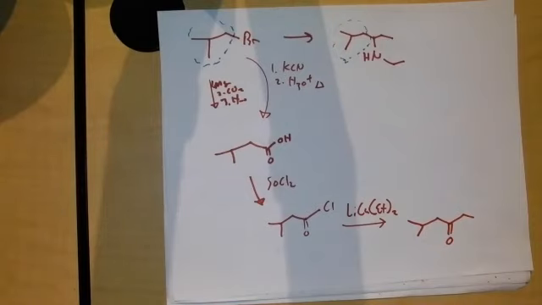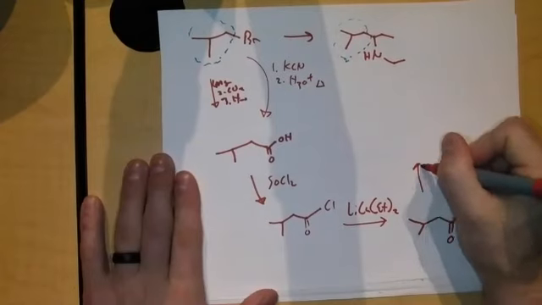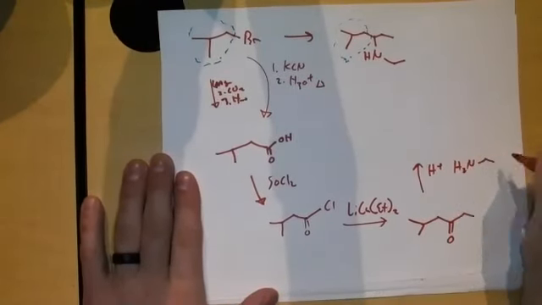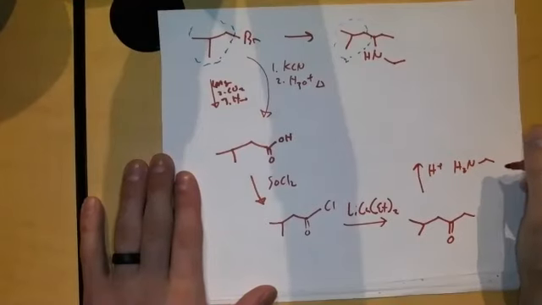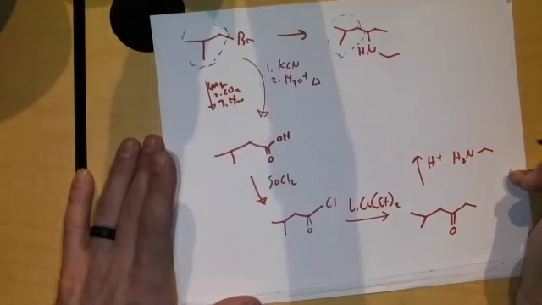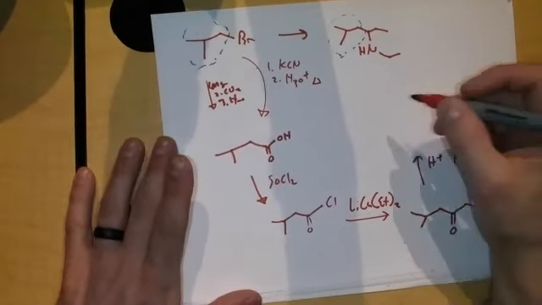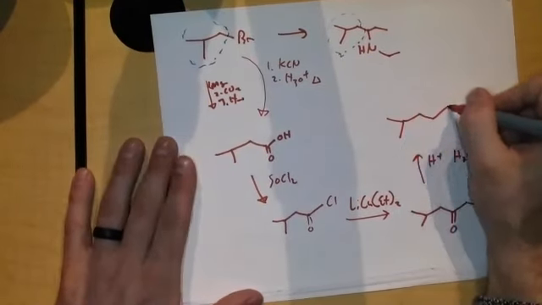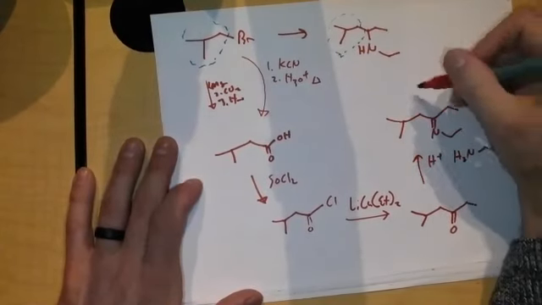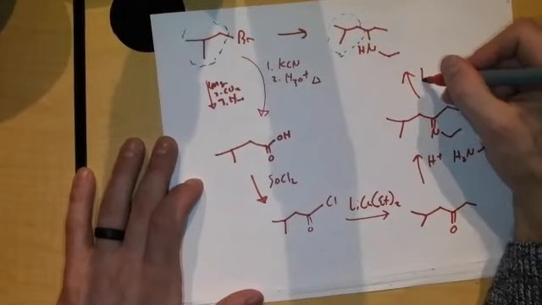So we can go through an imine to do this. So throw in H plus, H2N, this is ethylamine. And then I can reduce this with LAH to get to my final product.